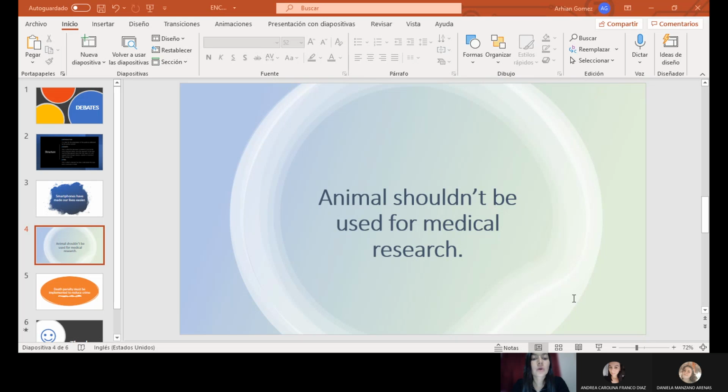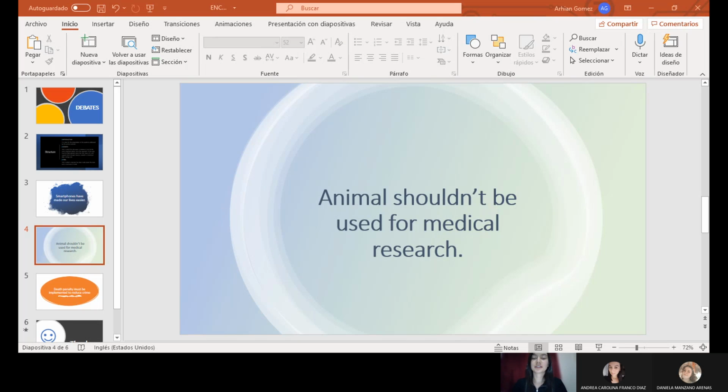We must solve our problems without harming nature. Although they say that it is necessary to experiment with animals to save human lives, I don't agree. I think there must be another way without harming animals. Okay, this is my opinion.